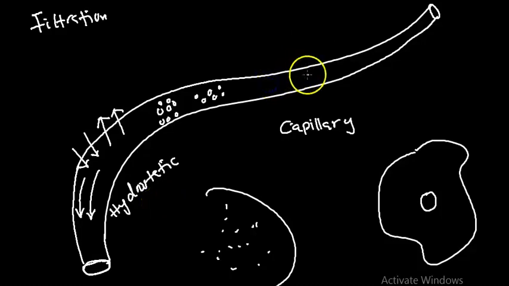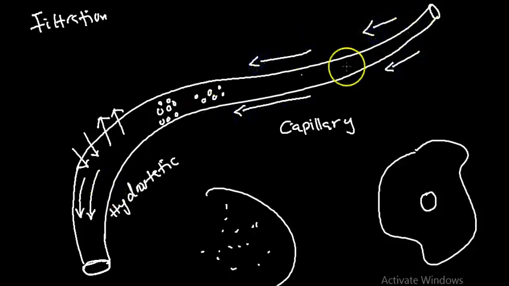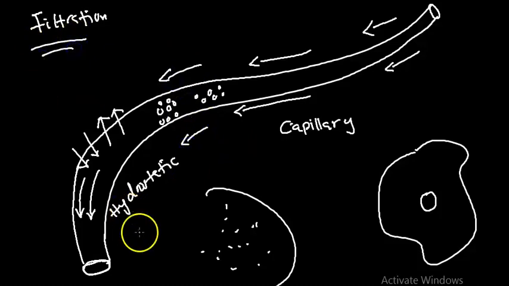As the pressure increases, it keeps moving water-soluble substances out of the capillary. And this process we call the filtration. When it brings it out of here, it ends up here, which we call the interstitial space.